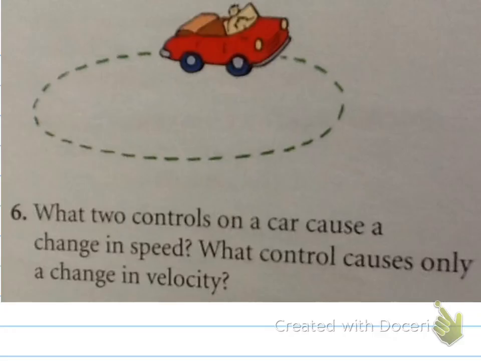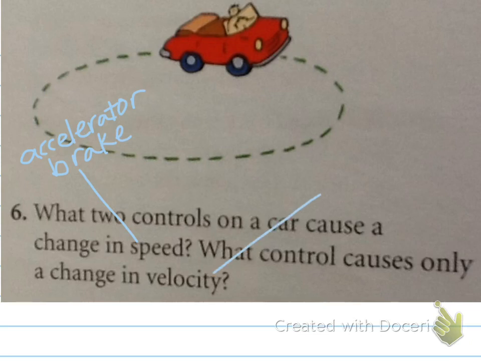Number 6, what two controls on a car cause a change in speed? What control causes a change in velocity? So for speed, remember speed doesn't have direction. So for speed, it would be the accelerator and your brake. What control causes only a change in velocity?